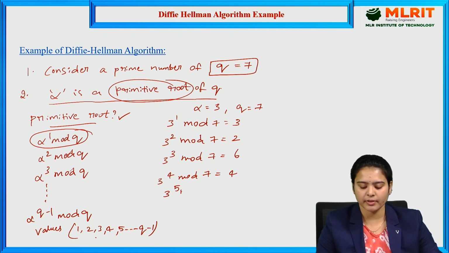Again 3 power 5 mod 7 equals 5 and 3 power 6 mod 7 equals 1.